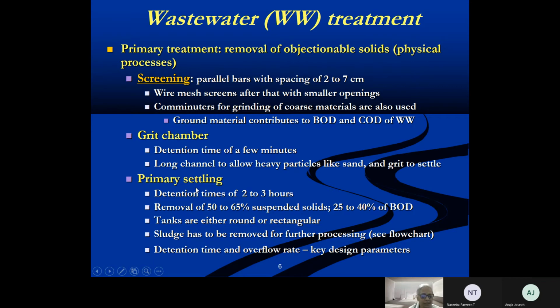Then we come to primary settling. Primary settling has a detention time of 2 to 3 hours. You can get removal of 50 to 65% of the suspended solids and 25 to 40% of the BOD. Primary settling is based on discrete settling. It is not like flocculation, it is more like simple discrete settling.